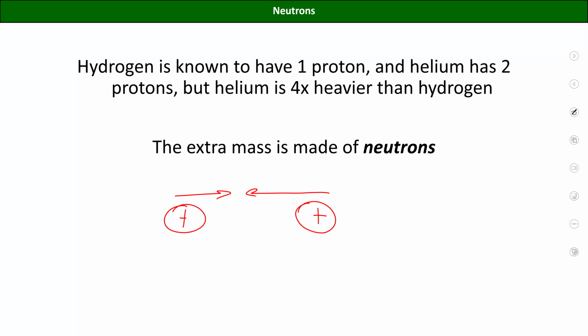We only got whole integer values relative to each other when we looked at these individual atoms. And so they said, okay, that extra mass has got to be neutral because it's not affecting the charge. And it has to exist because we can measure the difference in mass between hydrogen and helium. So we don't know why they're there, but there's this other stuff called neutrons that has to be in the nucleus as well.